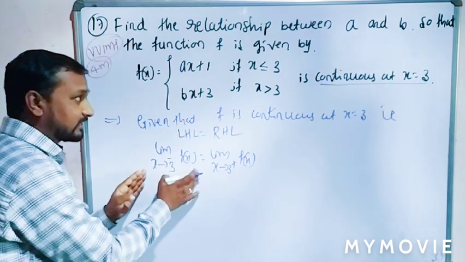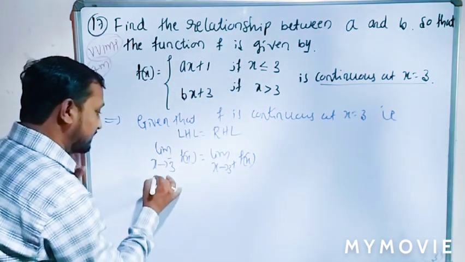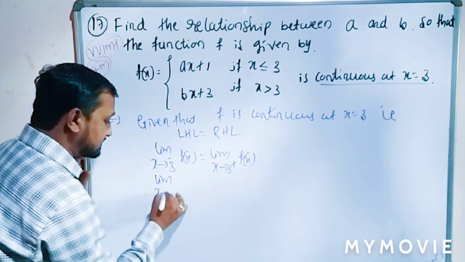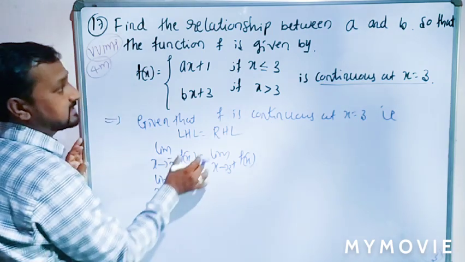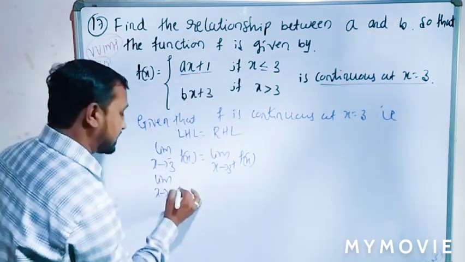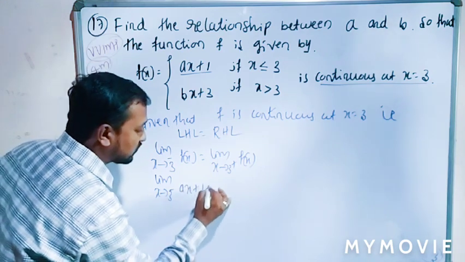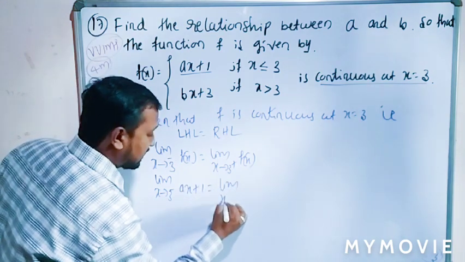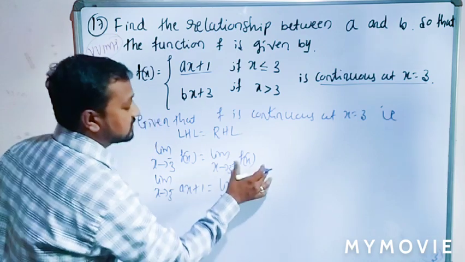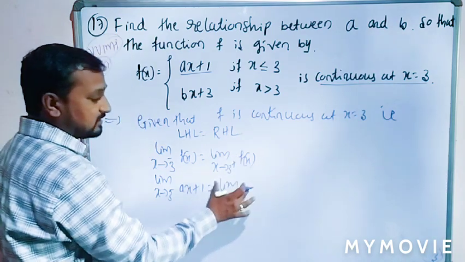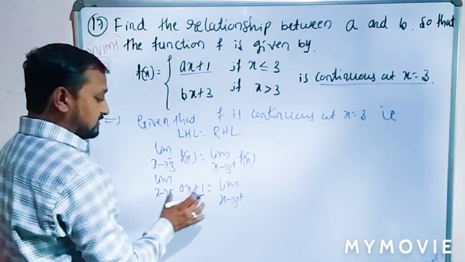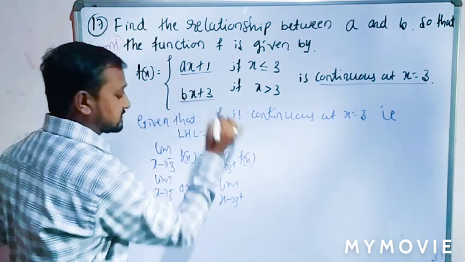What is the left hand limit here? The left hand limit is the limit of x tends to 3 minus f of x, which is ax plus 1. And the right hand limit is the limit of x tends to 3 plus f of x, which is bx plus 3.